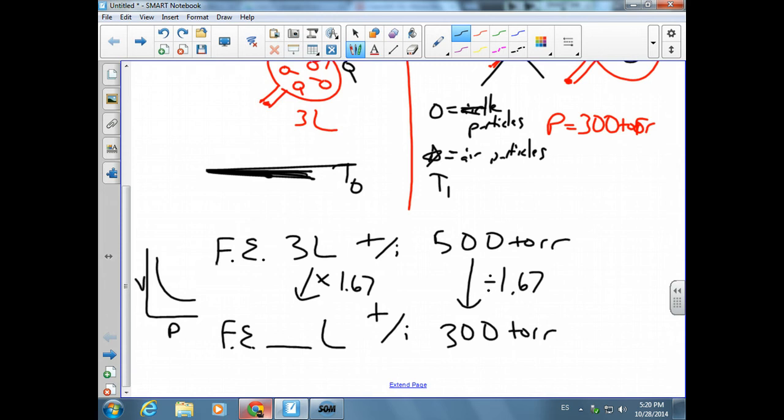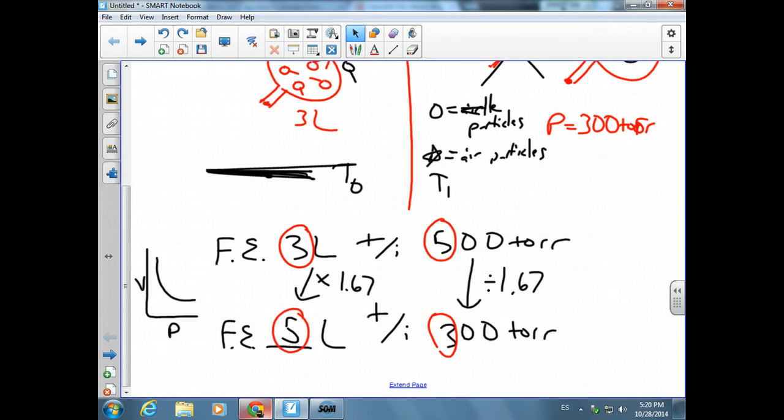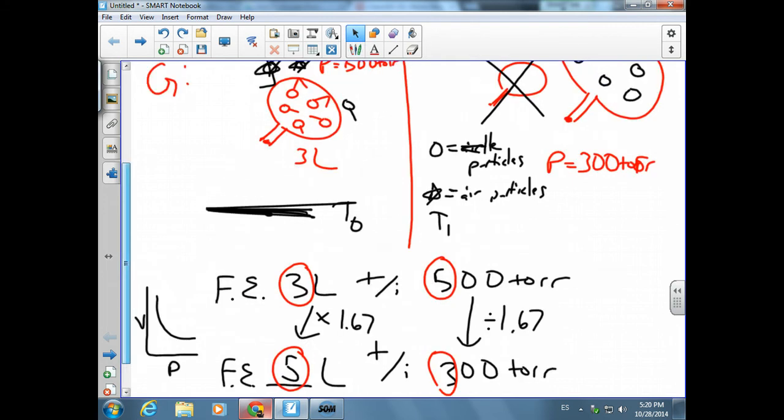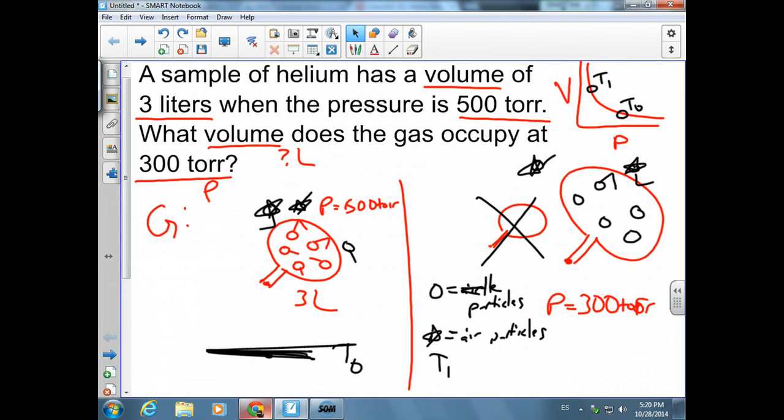And I get an answer of 5. You can take a look and see, oh, this went from 5 to 3, which means that if this is the inverse, this should go from 3 to 5. I don't really need a calculator. Okay, so there's problem number 1. And that matches reality because we said that the balloon should get bigger.